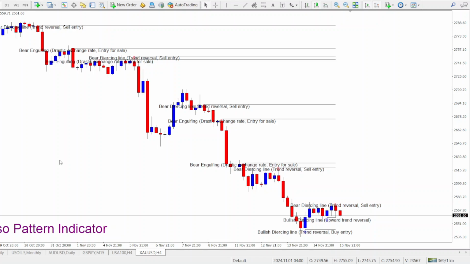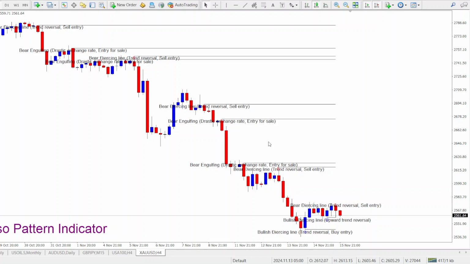And not just that, a variety of candlestick patterns, from bullish and bearish engulfing to bullish and bearish harami, and all of that. The indicator scans all the candles and helps you to identify key pattern formations instantly. As you can see, as I just loaded the indicator to the chart, all these things just came out immediately.